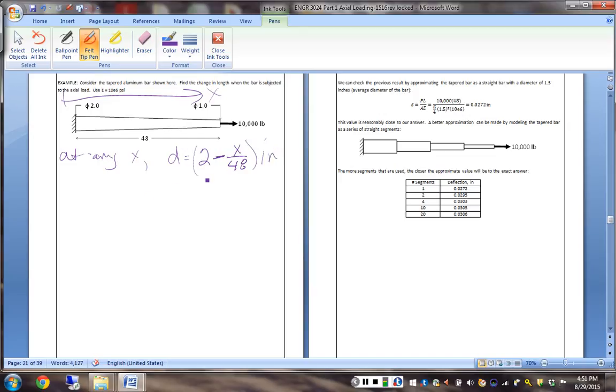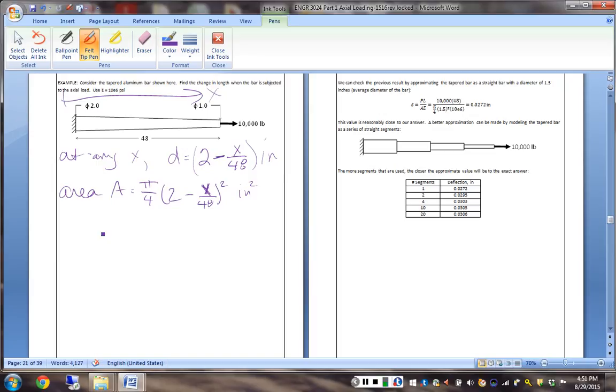So area is pi over 4 times the diameter squared. The area A is going to equal pi over 4 times 2 minus x over 48 quantity squared, and that would be inches squared. Well, what's deformation?